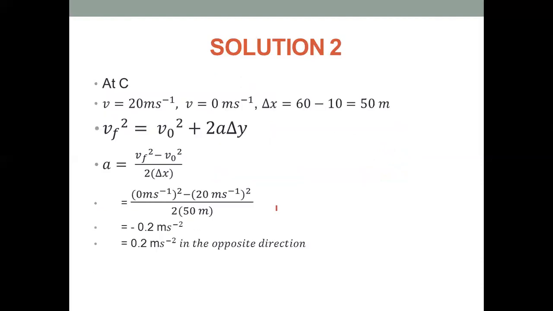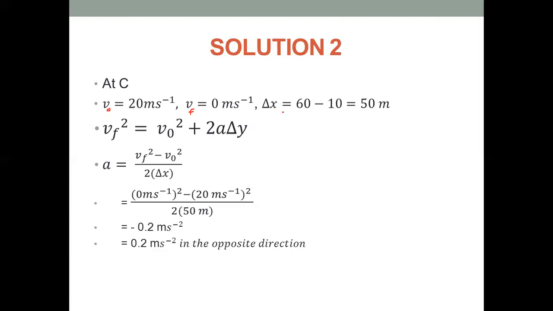We're given at C the initial velocity, which is 20 meters per second. Then this one is the final velocity, when the car has come to a stop.